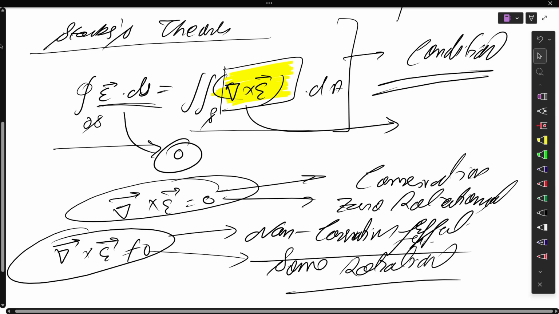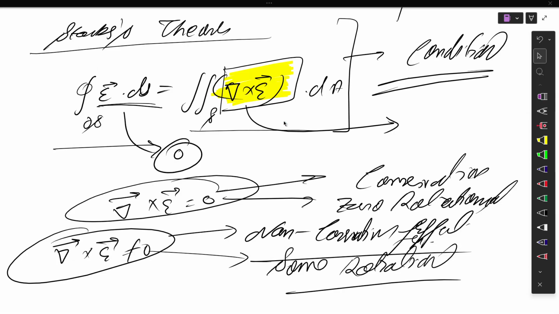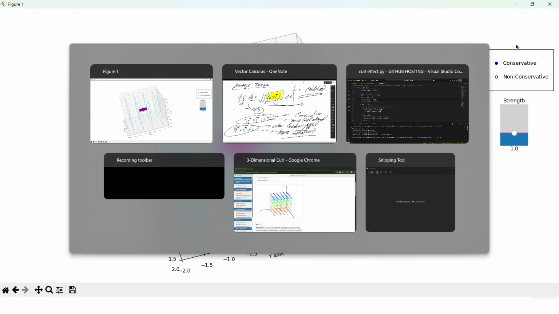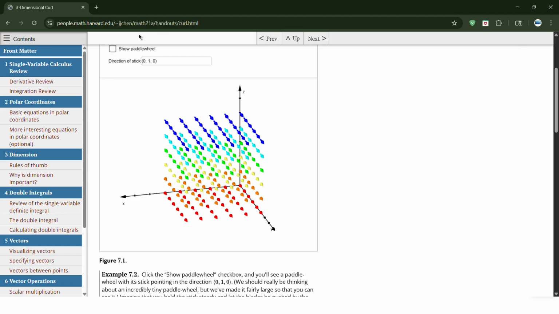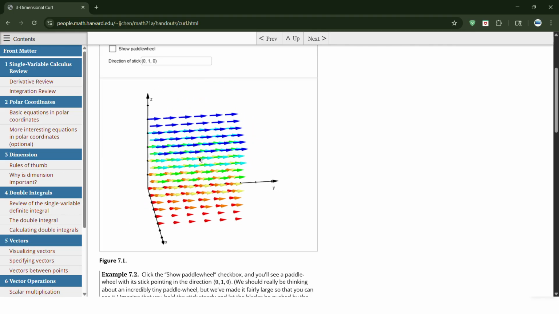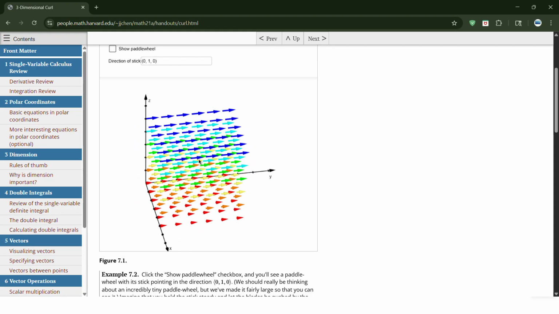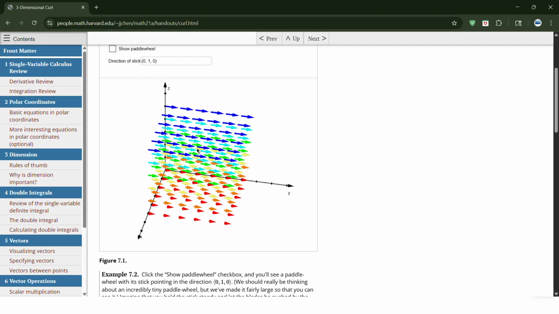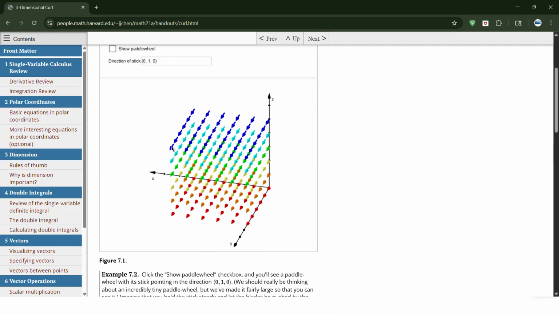So let's see what exactly it means to have a rotational effect. We are starting from the conservative force. Harvard's website has explained it very well. This is the conservative force field.